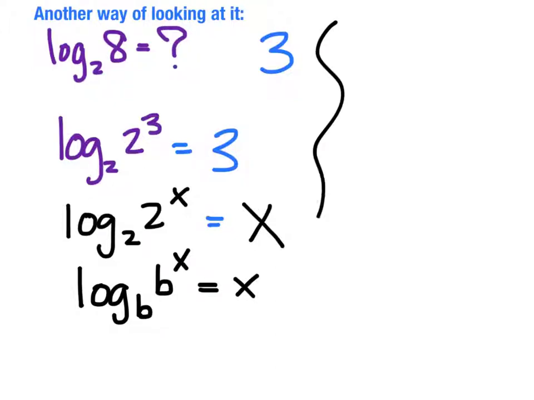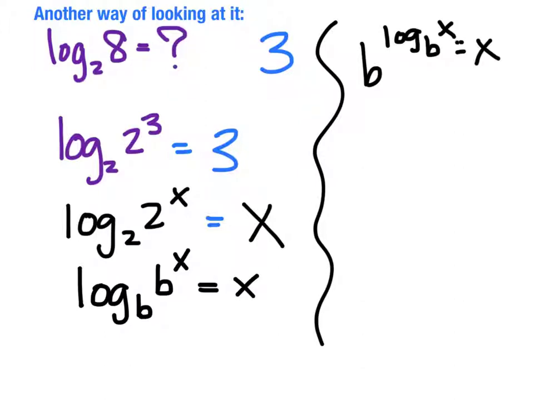Now I realize that's only half of it, but that's why if you have b to the log base b of x equals x, that's why we could say, okay, 2 to the log base 2 of x, well, let's not even do it with x right now. Let's say 2 to the log base 2 of 3 equals 3.